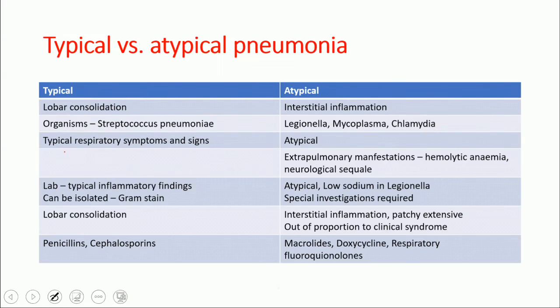And of course, you know that mycoplasma can cause Guillain-Barré and various other post-infectious neurological syndromes as well. So these are all extrapulmonary manifestations.